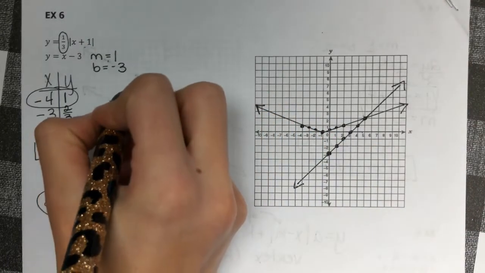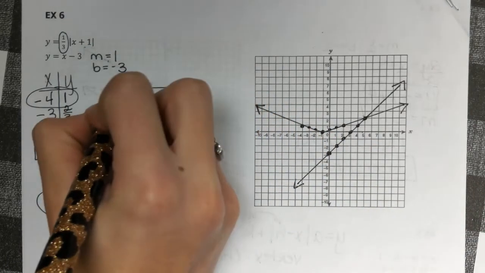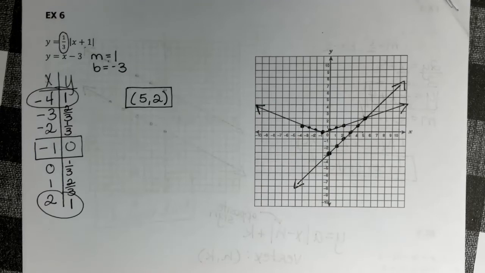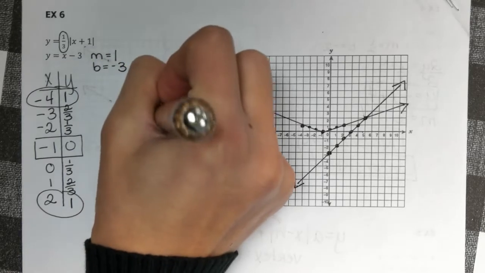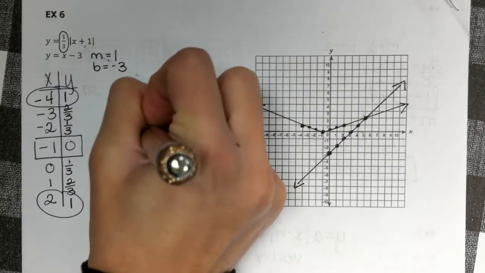And that's going to be what type of system? If I have exactly one solution, it's going to be consistent and independent.